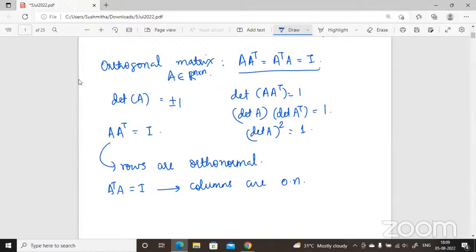A A transpose is identity if and only if A transpose A is identity. This is true only because A is a square matrix. For rectangular matrices, this doesn't hold. Because it's a square matrix, we can talk about the inverse in this case, and that is how we get this result. So this is all with respect to orthogonal matrices.